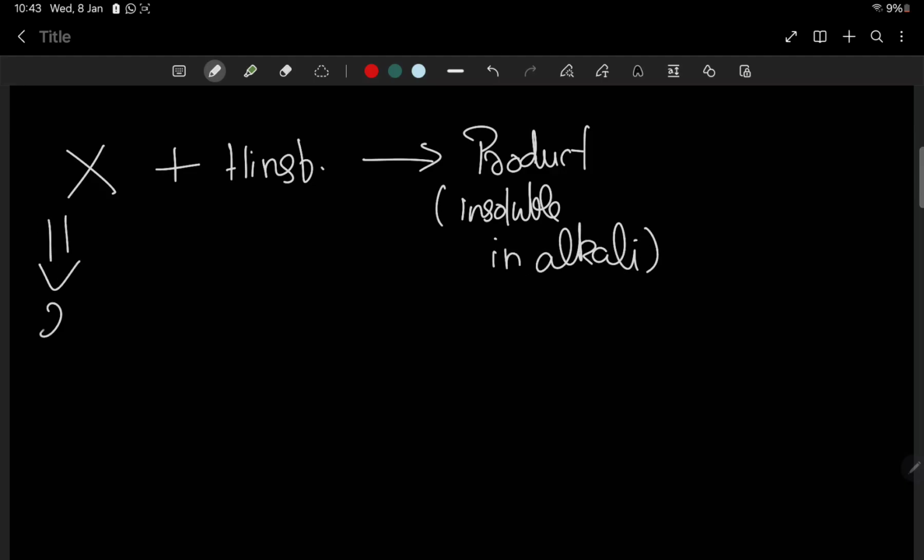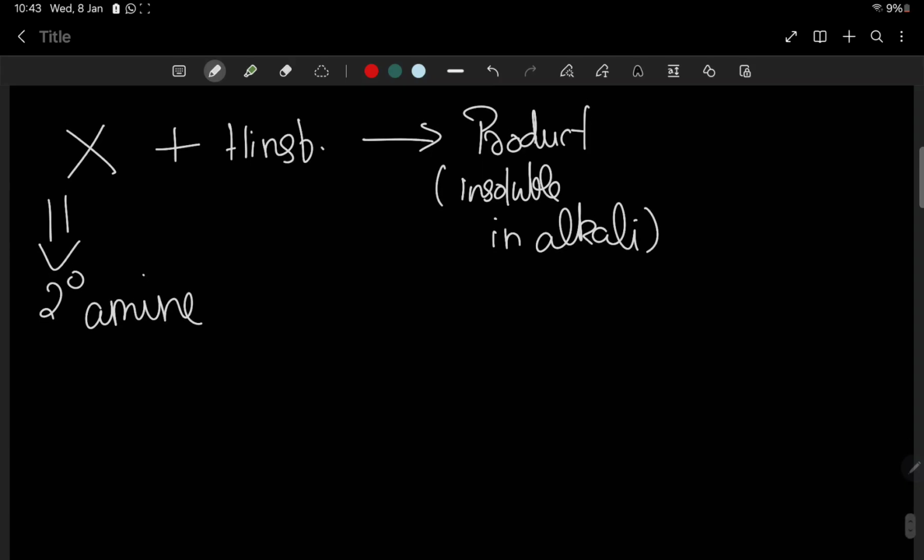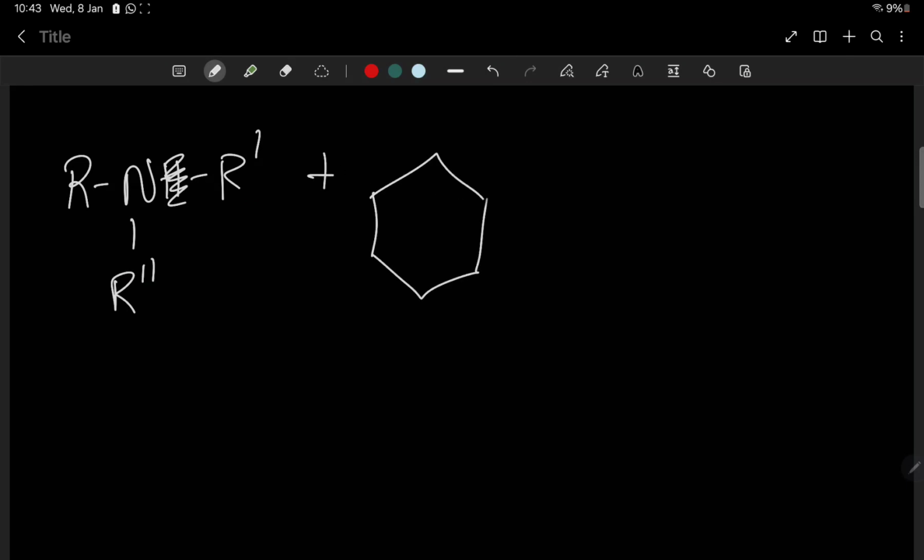This X is a secondary amine. So for primary amine we get a product soluble in alkali. For secondary amine we get a product insoluble in alkali. For tertiary amine, what do we get? Take a tertiary amine, no need of H, R', R''. And I am adding the corresponding Hinsberg reagent, that is benzene sulfonyl chloride, SO2Cl.